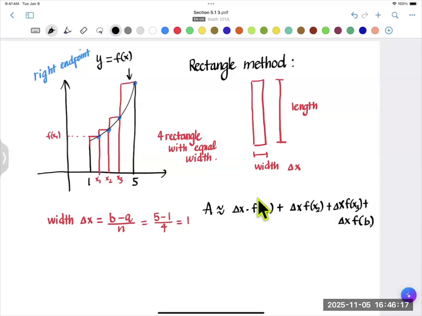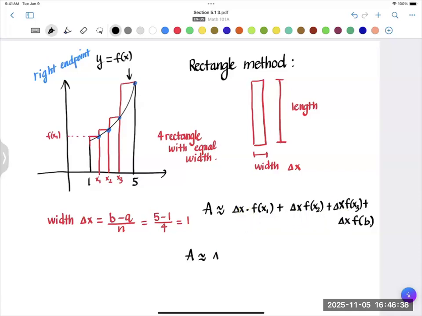Okay, so it turns out the formula to find the area under the curve, or estimate the area under the curve by dividing into n rectangles, can be written like this. If you see all the terms, we have the delta x, because all the delta x is the same.